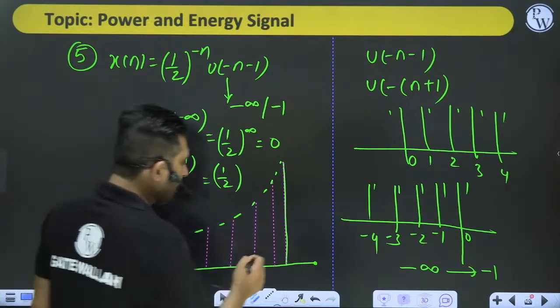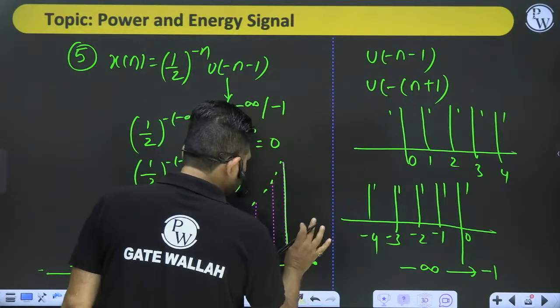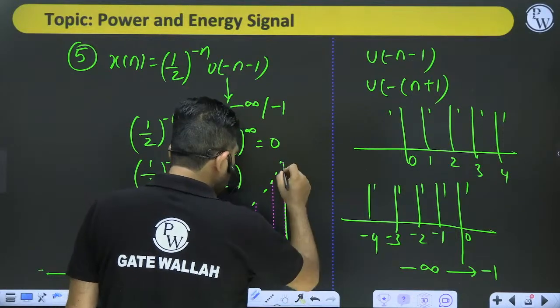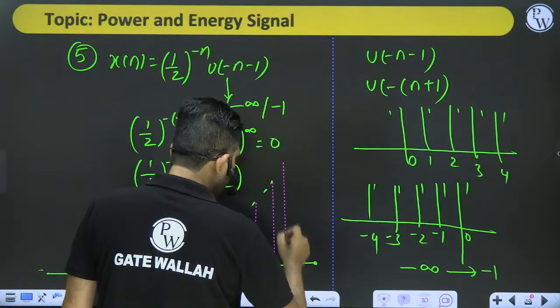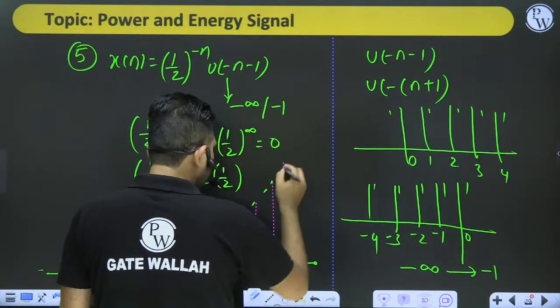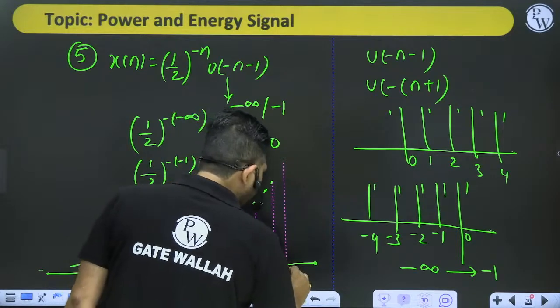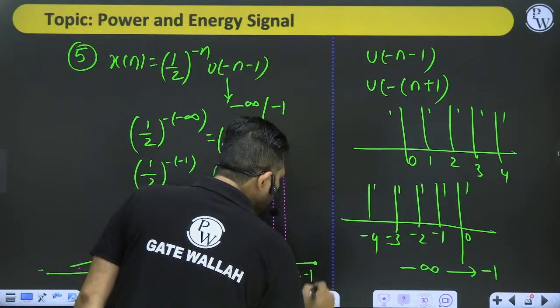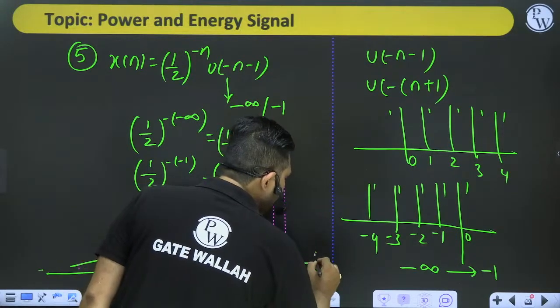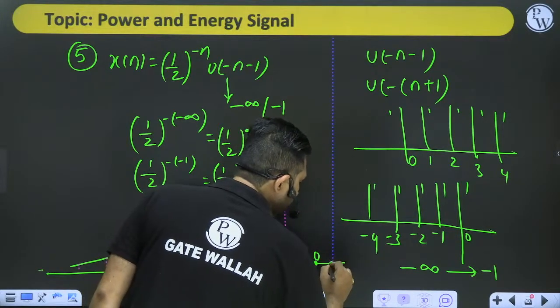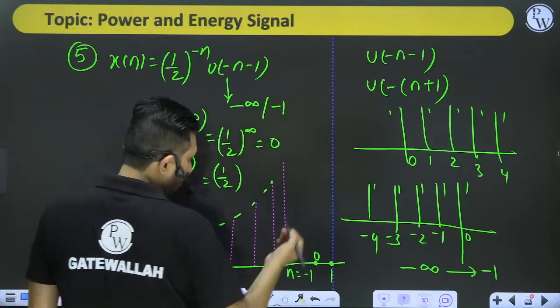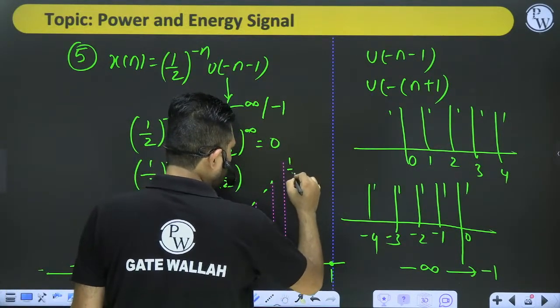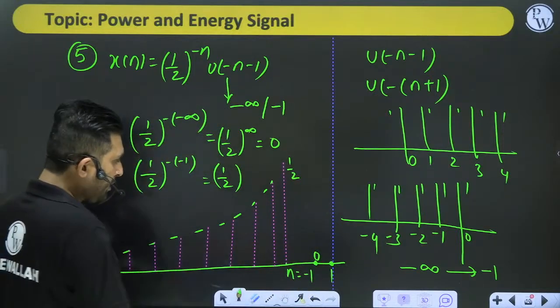See, this is at, let's say, n equal to minus 1. At 0, the sample value is 0. At 1 also, the sample value is 0. This is 1 by 2. This should be 1 by 4.